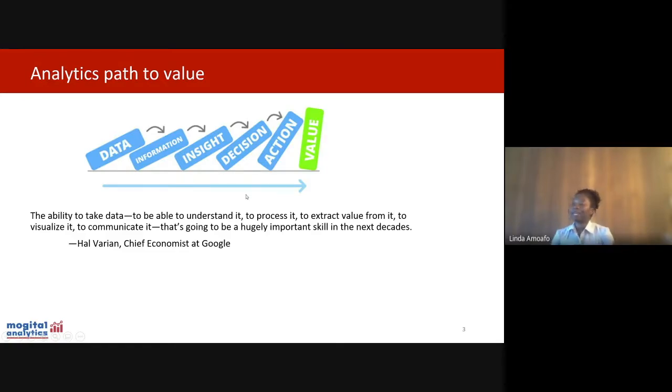So in my analysis work so far, I've realized that these five key steps help in driving value from your data. That is data, information, insight, decision, and action. It starts with collecting your raw data, and that serves as the foundation for gaining knowledge on a subject.